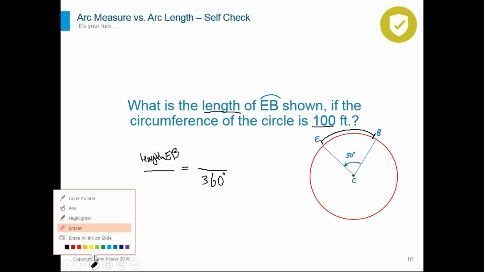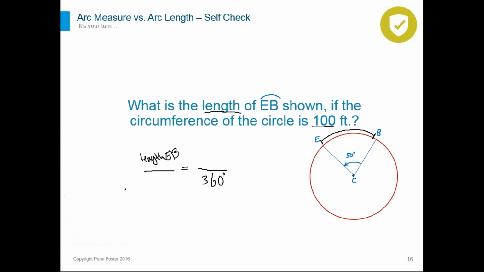The circumference is given as 100 feet, and also the measure of the central angle is the same as the measure of the arc, so that would be 50. Multiply and divide, and that will give you the length of EB, which is going to be 13.89 feet. That's it.